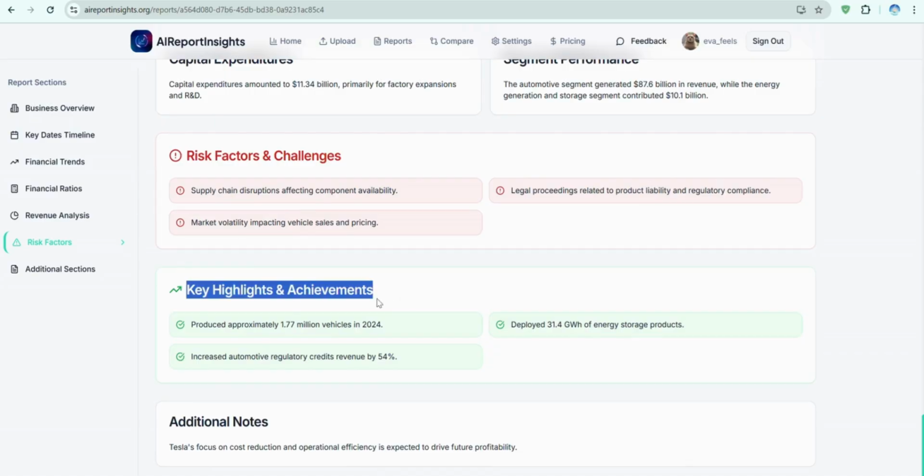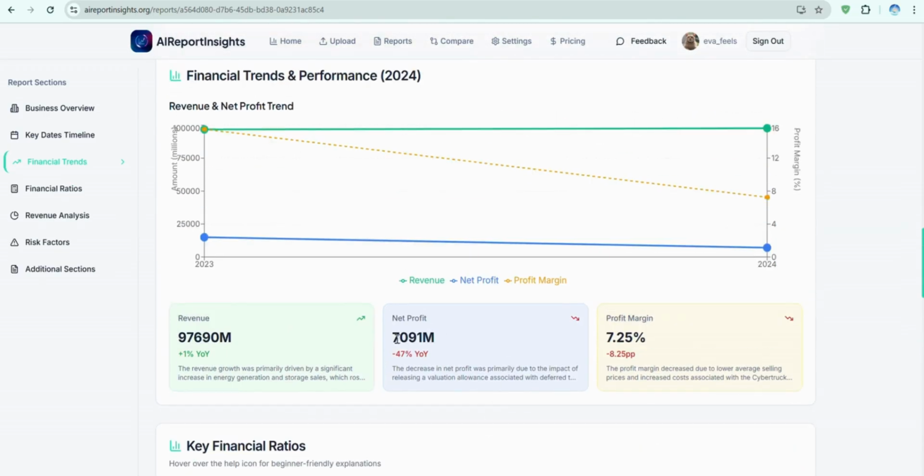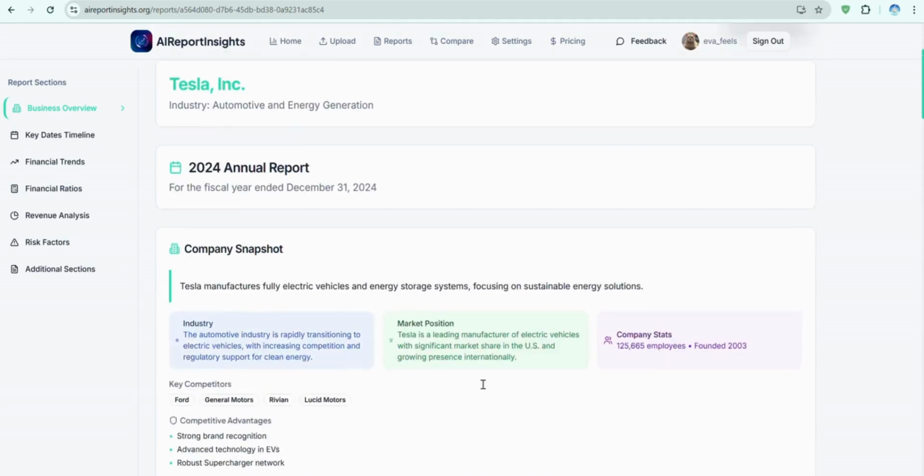Key highlights and achievements show that they produced 1.77 million vehicles in 2024, and an increase in automotive regulatory credits to 54%, as well as deploying 31.4 gigawatt hours of energy storage products. So their focus in the next year is cost reduction and operational efficiency, which makes sense from the huge decrease in profits.